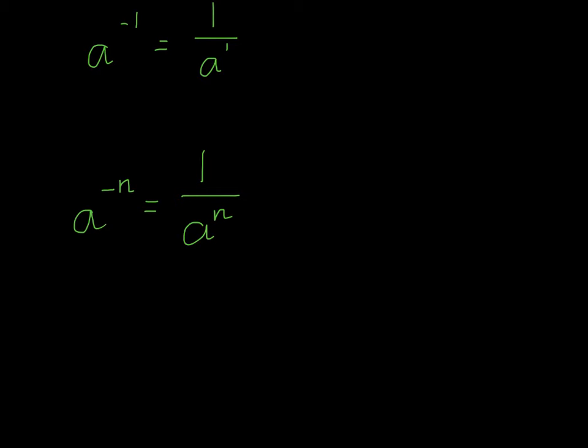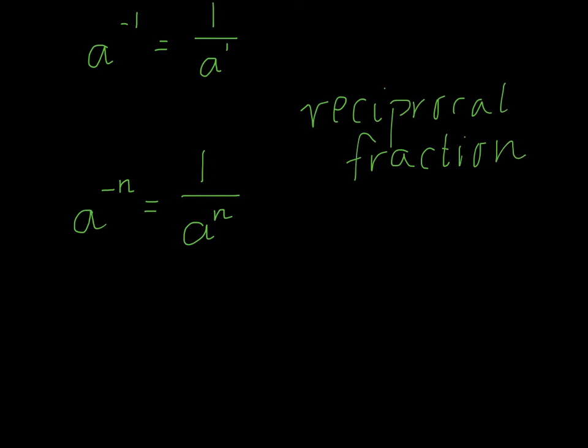So we make it a positive when we flip it onto the bottom of the fraction. What we're actually making by doing this is a reciprocal fraction, which means flipping what's on the top of the fraction onto the bottom and vice versa. You might have learned about this in dividing by fractions when you did keep, change, and flip to then multiply the fraction. Let's look at a couple more quick examples.